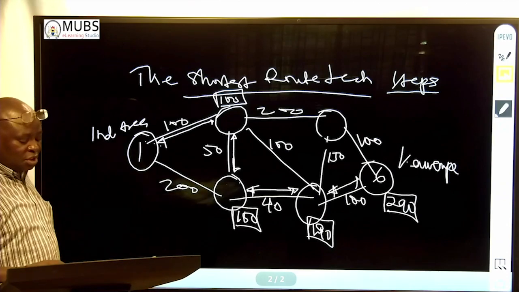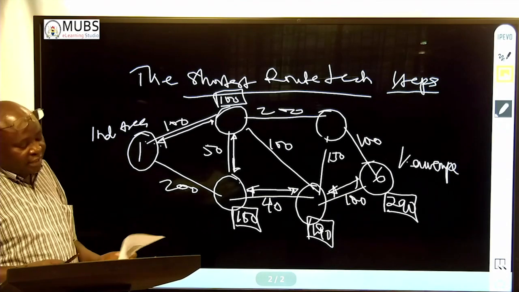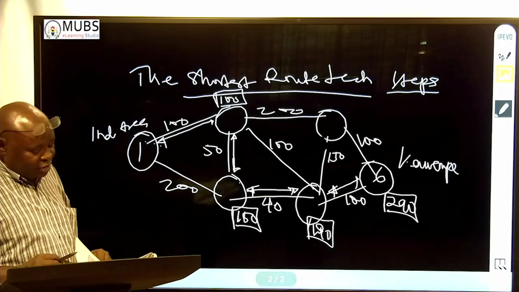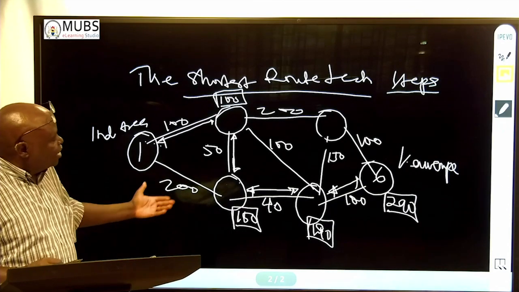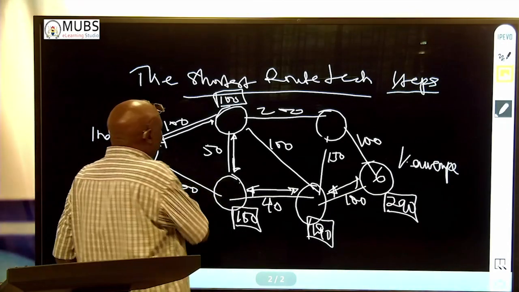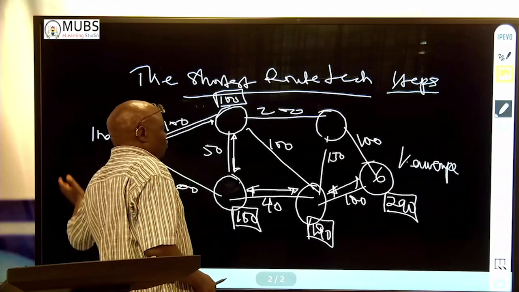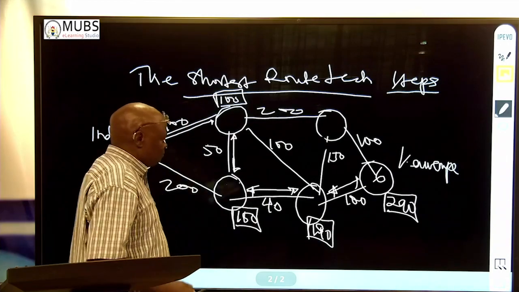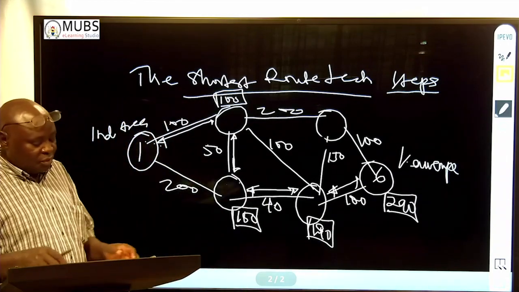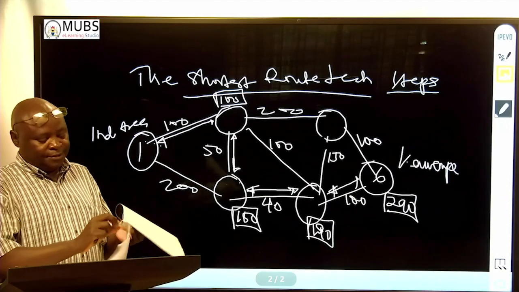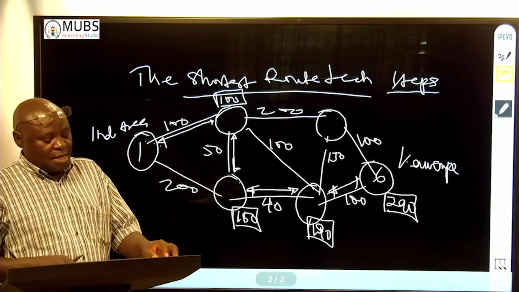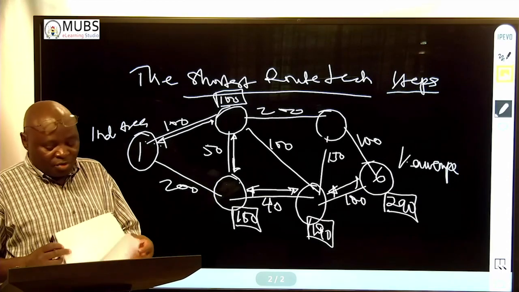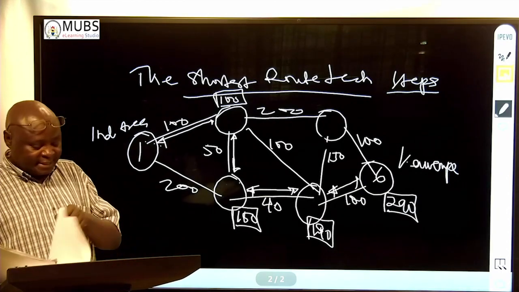So the shortest route, of course, it's like a transportation problem. It's a minimization problem. It gives you the shortest route from one location to another location. And those are the most important network models or network techniques.